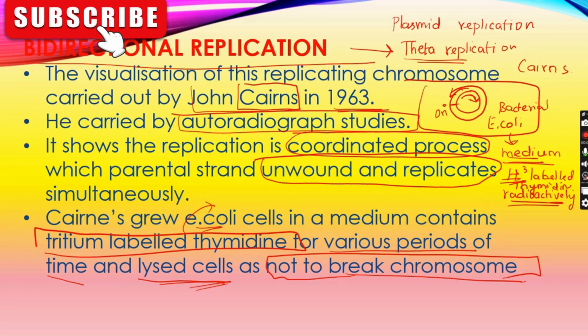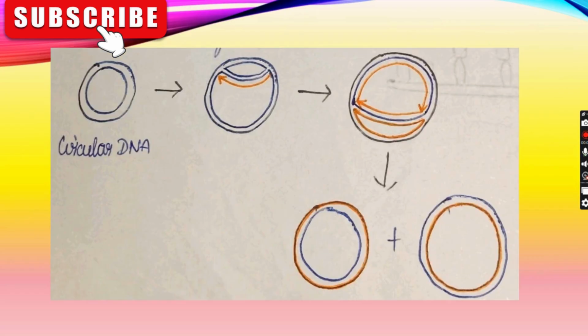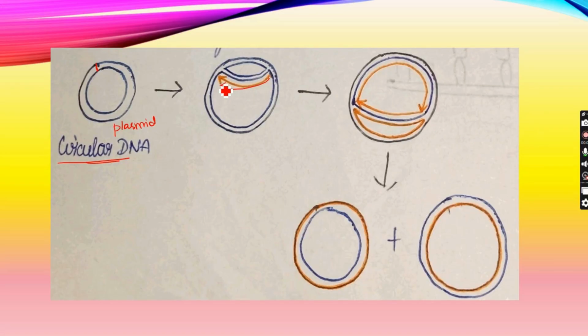Why is it known as theta replication? Here we can see a circular DNA of a plasmid. It has an origin of replication here. When replication takes place, the DNA forms both a leading strand and a lagging strand. One DNA strand is synthesized in this direction, another in this direction, so the directions are opposite.